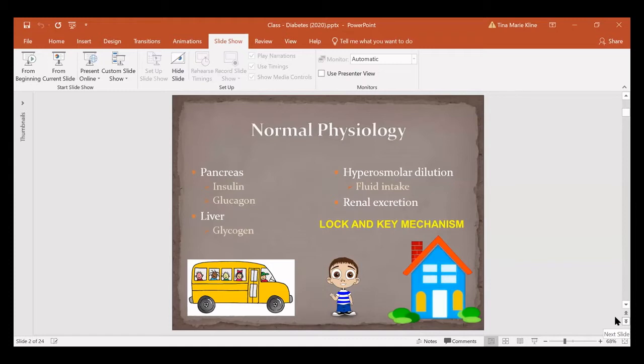The insulin is the mom, and it's taking the glucose, the child, inside the cell, inside the house from the school bus. That really is a very basic understanding of it, but if you get that, it makes sense. And it's also a helpful way to explain it to your patients when you're taking it down to their level.